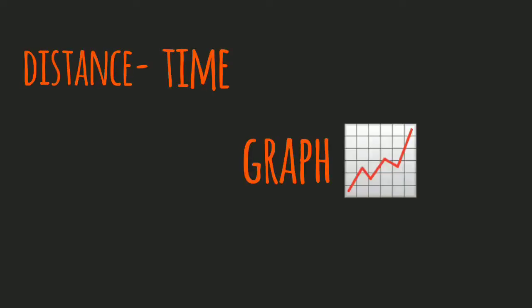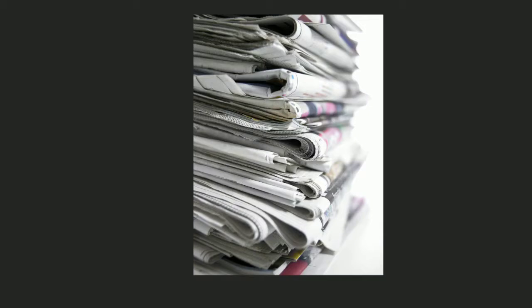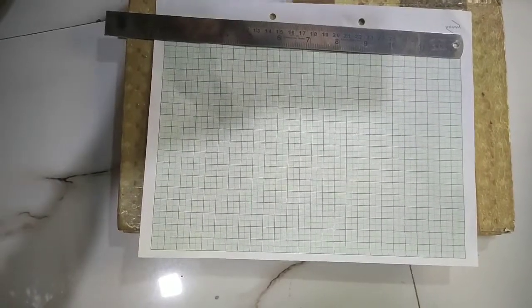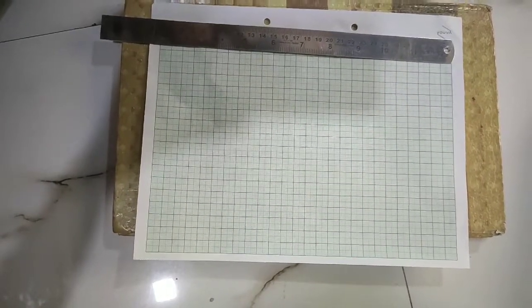Distance time graph. You might have seen that newspapers, magazines, etc. present information in various forms of graphs. The distance time graph is a line graph which represents the speed. Let us learn to make such a graph. Now we will make distance time graph.